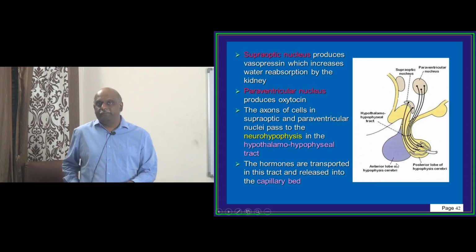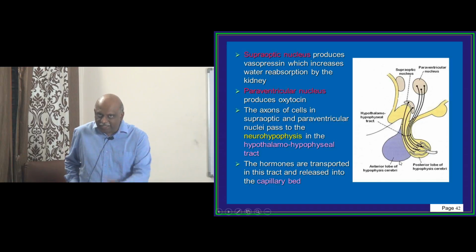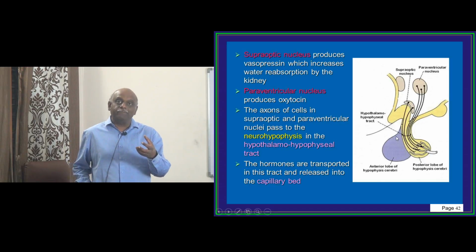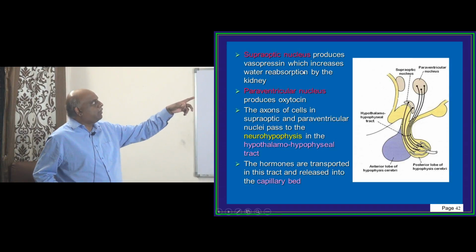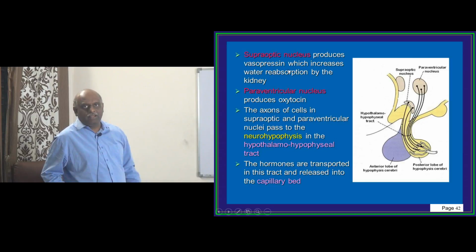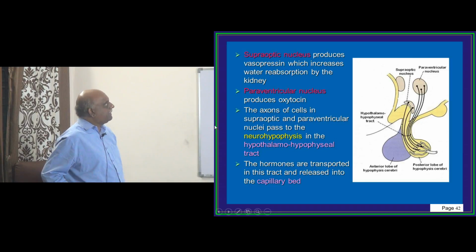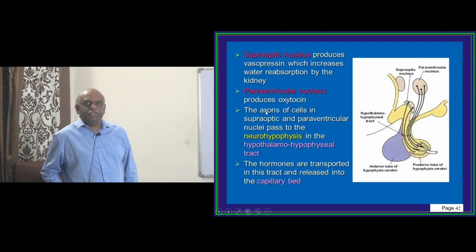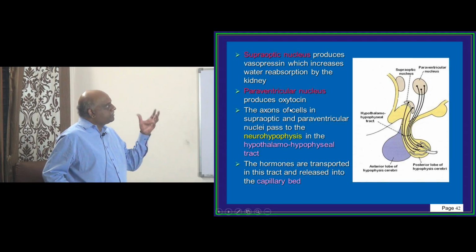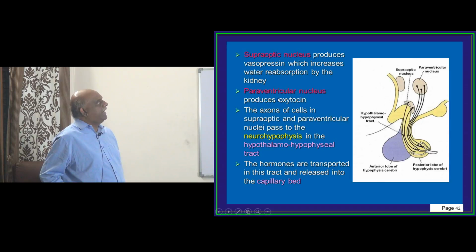Unlike the anterior pituitary where the actual production happens, posterior pituitary is only a storage house. Supraoptic produces vasopressin, paraventricular produces oxytocin, is what you need to ultimately remember.